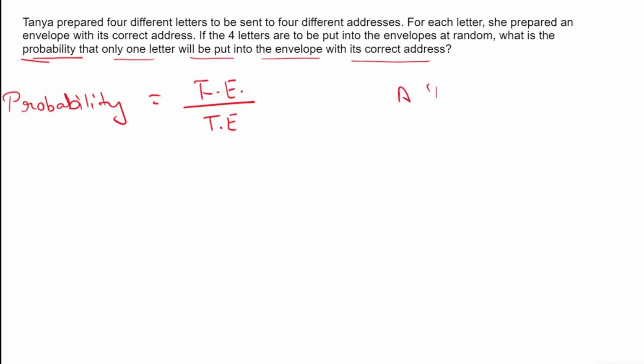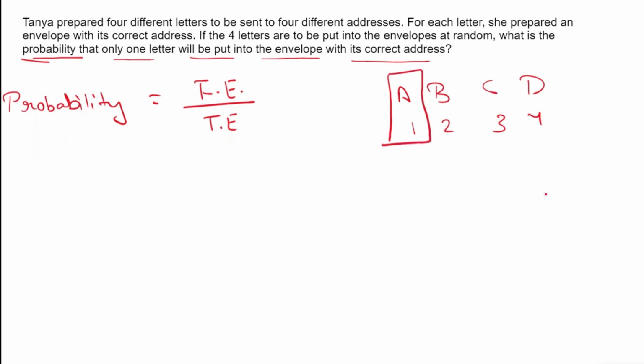Let's assume the 4 letters to be A, B, C, D. You can assume any 4 letters, your call. And the 4 addresses, you can name as 1, 2, 3, and 4. So now what is happening? One letter is written correctly on the envelope, or we can say one address with 1 letter is matching. Both are matching because it is correct. I'm assuming that A is my correct letter with the correct address.